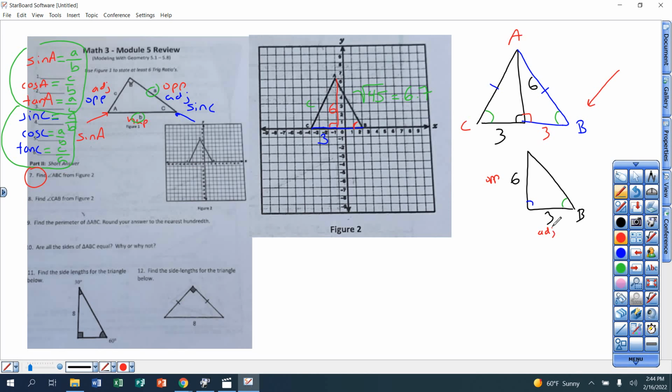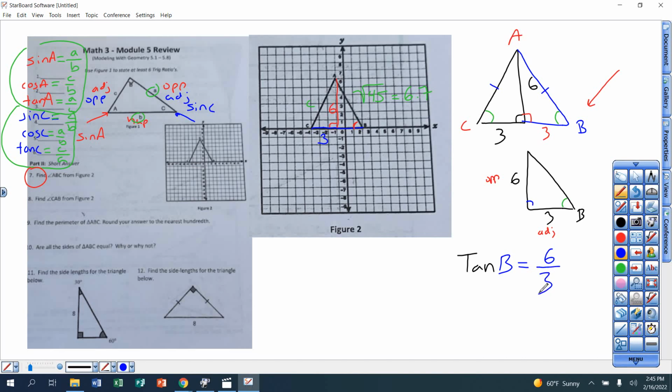You don't want to use cosine. So that means you're going to set up like this, ladies. Tangent of that angle ABC, and I'm just going to call it angle B, is 6 divided by 3.